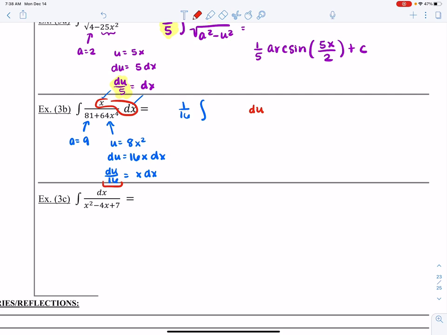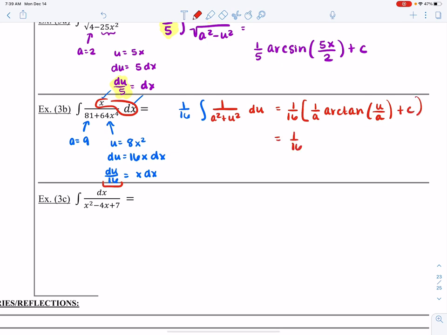And then in my denominator, I have 1 over a squared plus u squared. So this is an arctangent. The 1/16 stays as a constant. Remember that your rule is 1 over a arc tangent u over a plus c. Let's fill in all of the pieces.